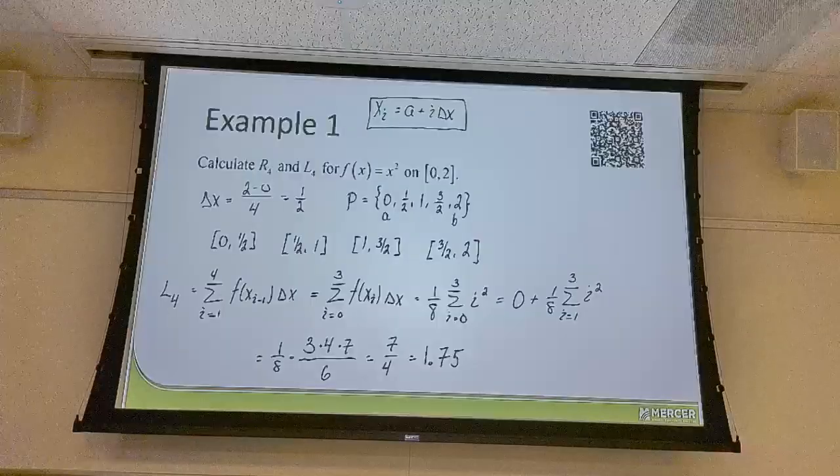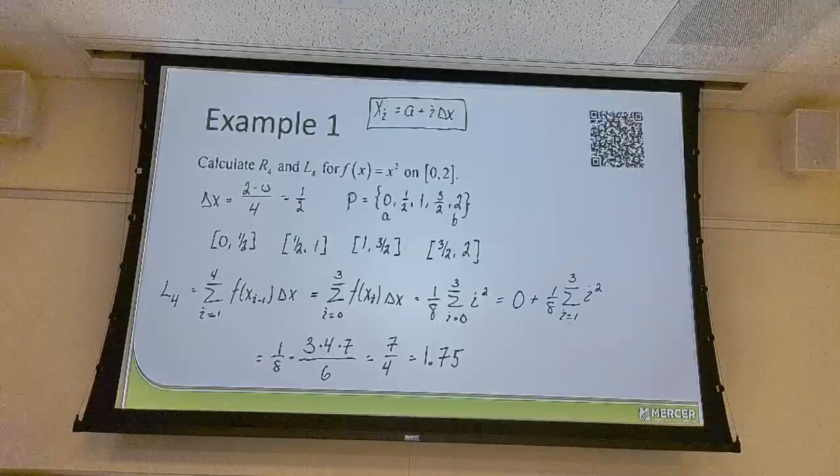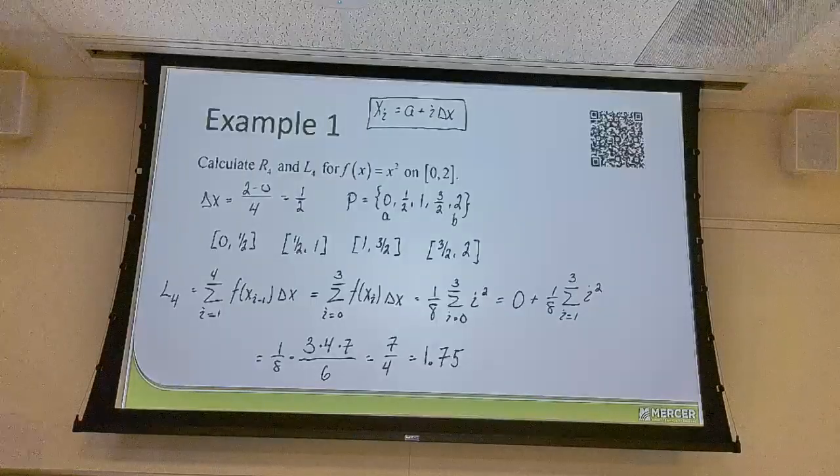Why is that 3.25? Did I screw something up?